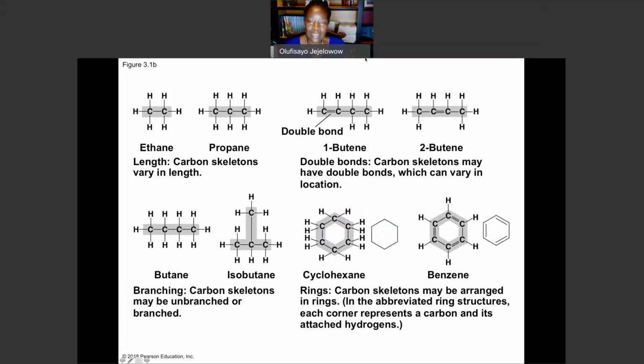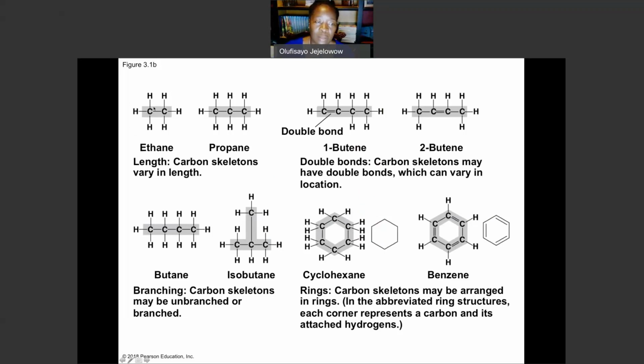So this slide shows you examples of hydrocarbons. Remember, hydrocarbons form when carbon bonds to hydrogen only. So easy. So in the previous page, we looked at methane. Methane only has 1 carbon. In ethane, carbon bonds to another carbon.